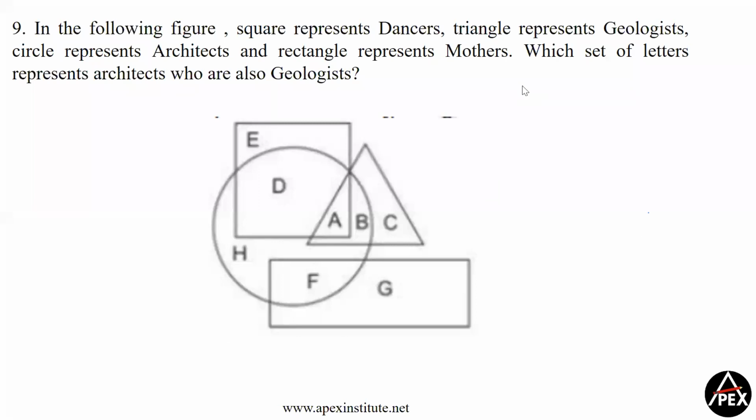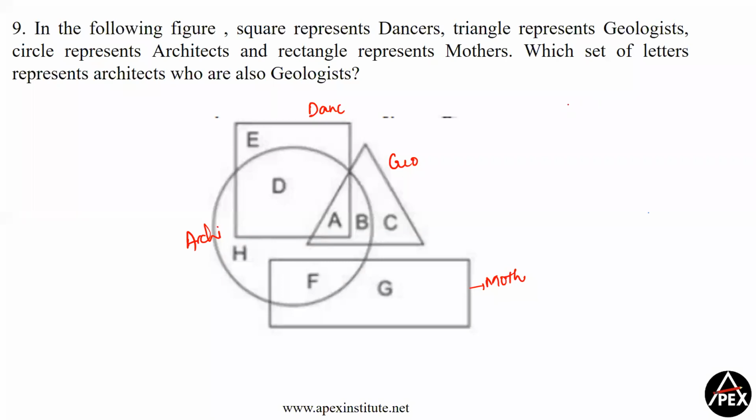Okay, let's see. So in the following figure, square represents dancers, triangle represents geologists, circle represents architects, and rectangle represents mothers. Now, which set of letters represents architects who are also geologists?